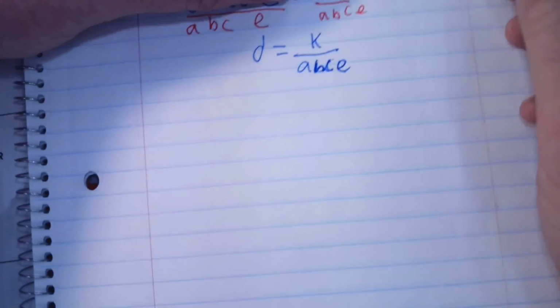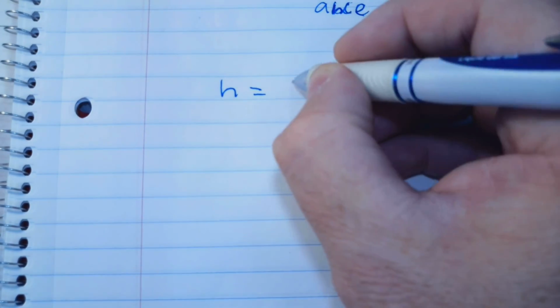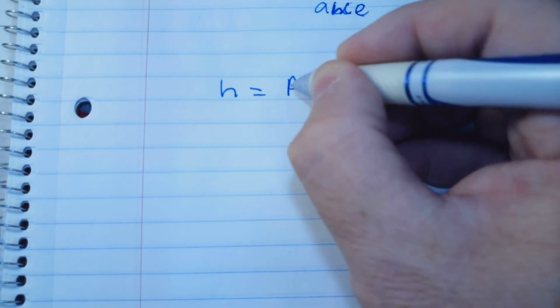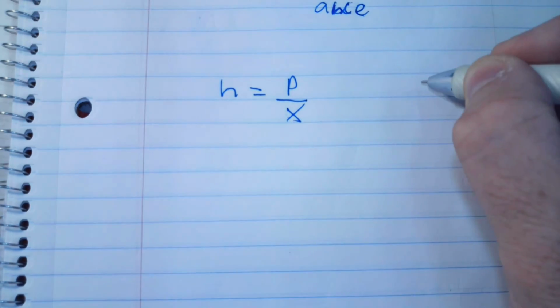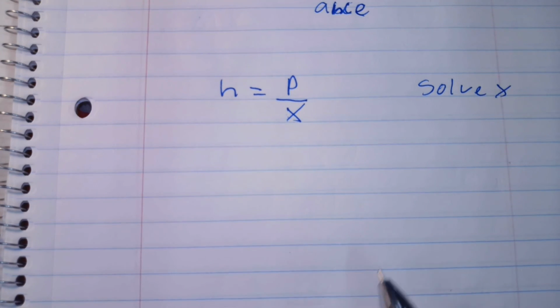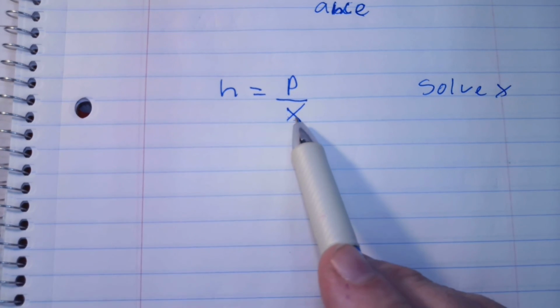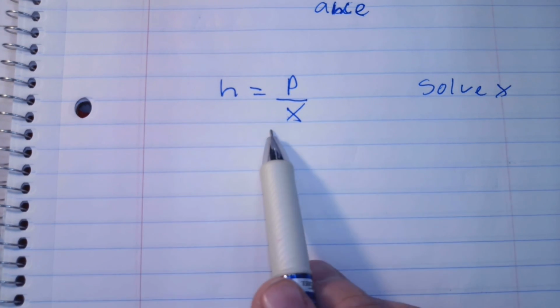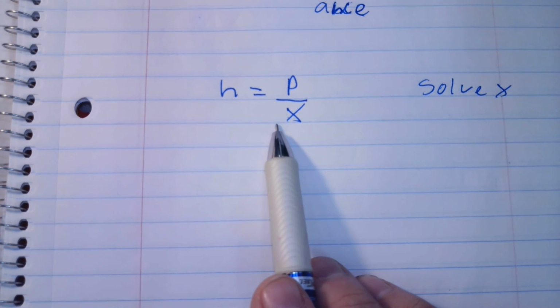Okay. The hardest thing I think that we will be faced, period, this year when it comes to this is this. Let's do H equals P over X. Solve for X. Okay, what makes it really hard is X is at the bottom of the fraction. But if you know how to kill fractions, it's not hard.